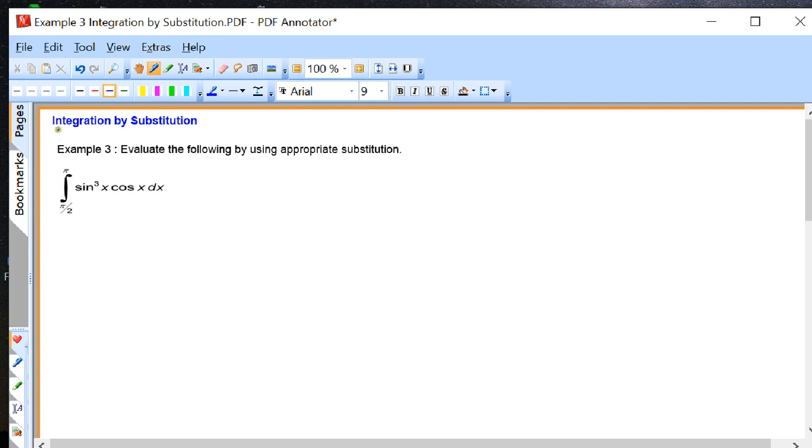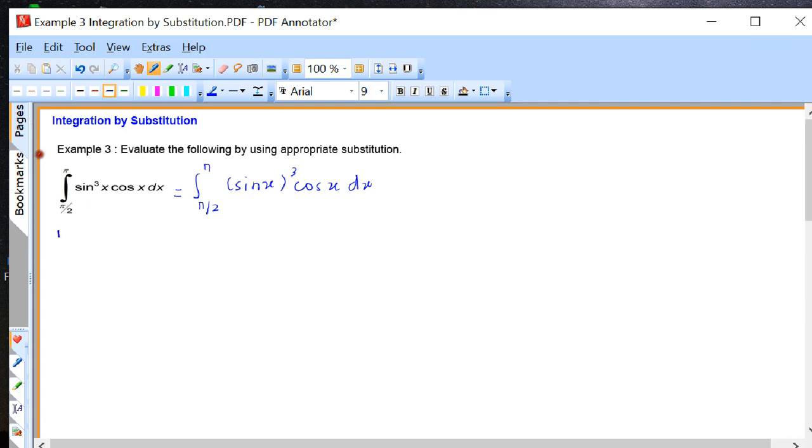Instead of writing sine cube x cos x dx, it can be written as integrate from pi over 2 to pi sine x to the power of 3 cos x dx. So sine cube x also can be written as sine x to the power of 3. Once you have modified this function, you can see that you have a bracket on that function, and it is much easier for you to let the u.